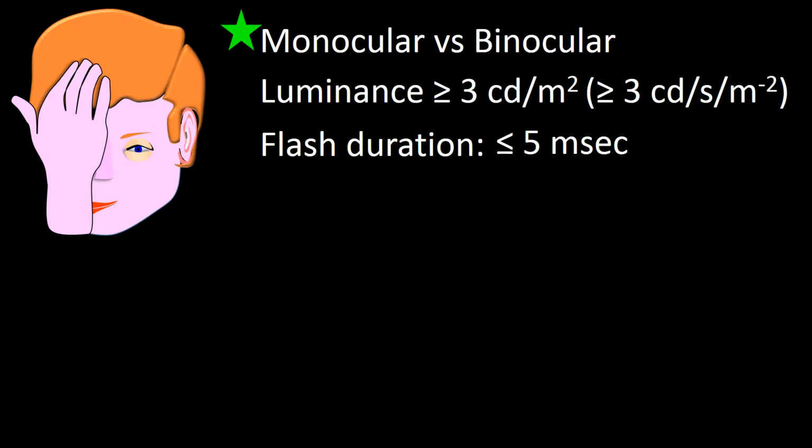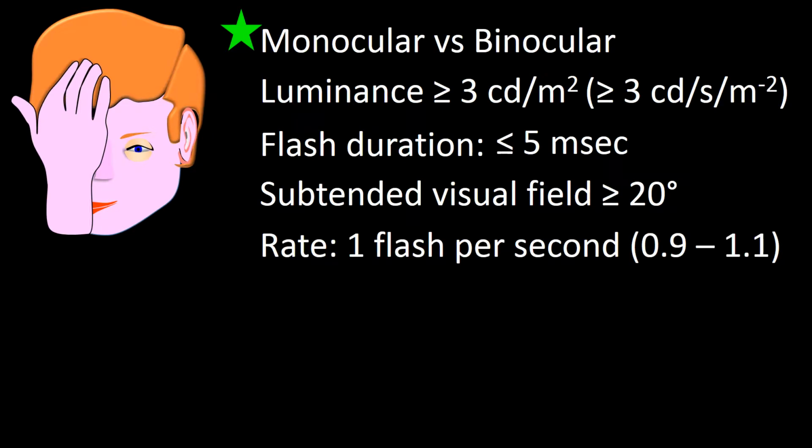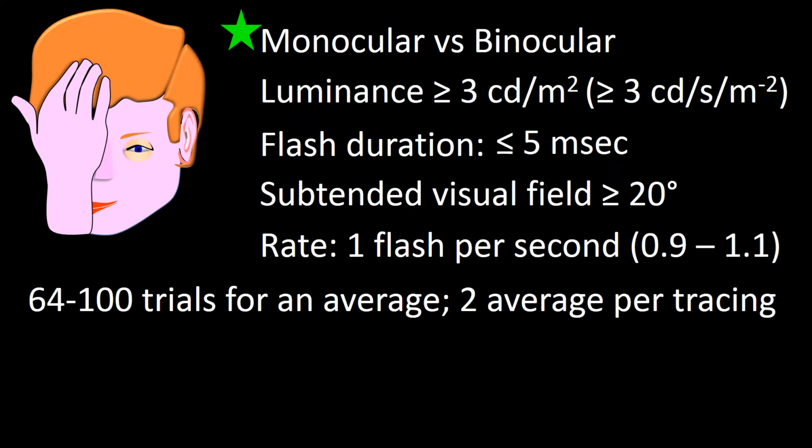Flash duration should be 5 milliseconds or less. The subtended visual field should be 20 degrees or more. The rate should be between 0.9 to 1.1 flash per second. The number of trials should be 64 to 100 per average, and there should be 2 averages per tracing.